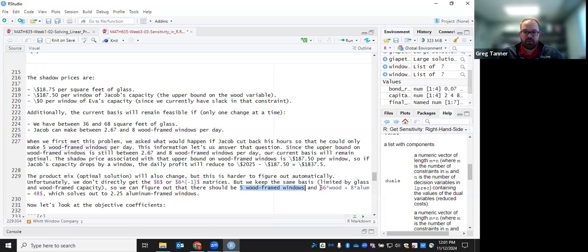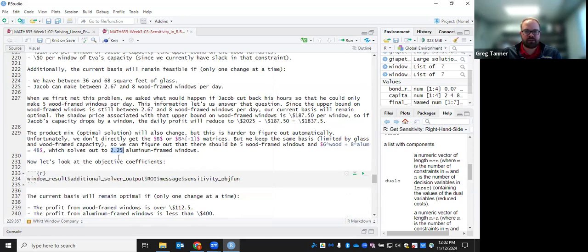So we can take that glass capacity constraint and turn it into an equality constraint. And then because we know the value of wood, we can solve for the value of aluminum. If you solve that out, it ends up being 2 1/4 aluminum framed windows. And so we were able to increase the aluminum framed windows by 0.75 in this case.